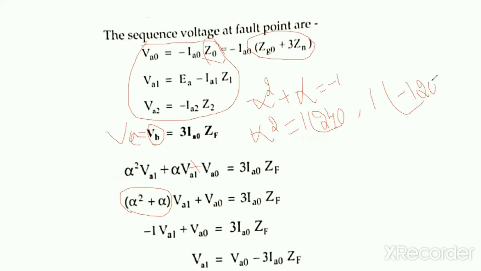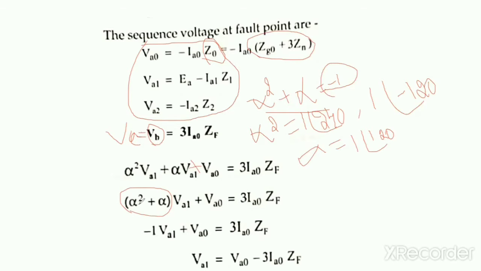And what is the value for alpha? Alpha is equal to 1 at an angle of 120. By substituting these values in this equation, its value is equal to minus 1.